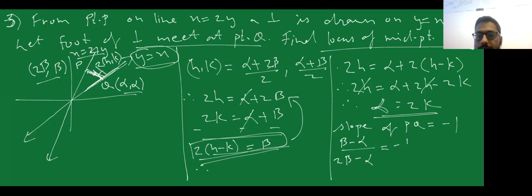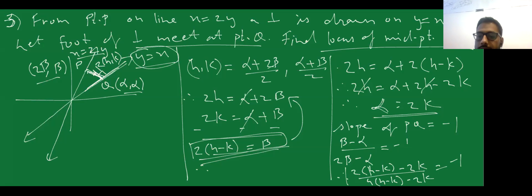And I have the values of beta and alpha. Beta is nothing but 2 into h minus k, minus of alpha is nothing but 2k, divided by 2 beta. So that would be 4 times h minus k, minus of alpha, that is minus of 2k. The value of this term is equal to minus 1.